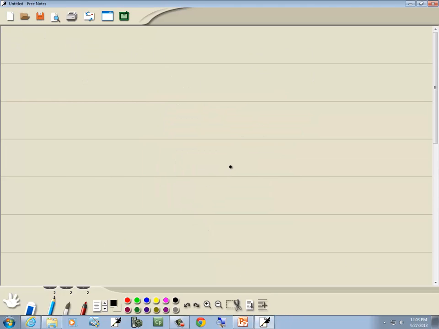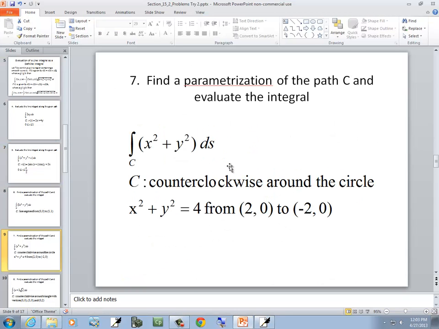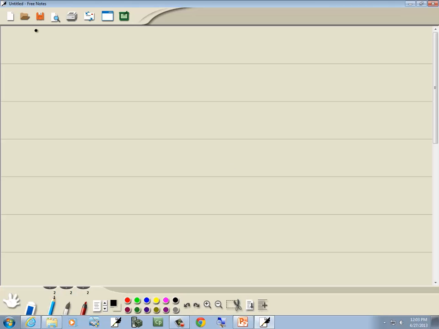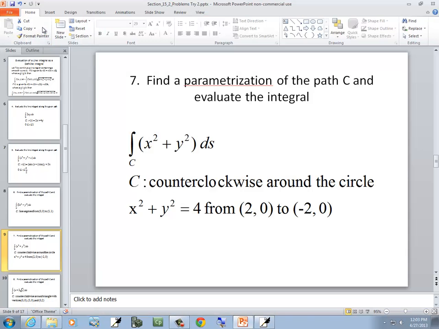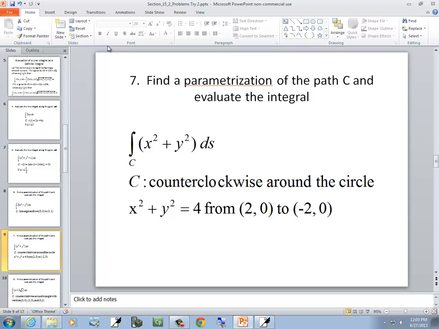Okay, so let's look at our next one. Another one where we have to find a parameterization. Okay, so we got x squared plus y squared ds, and it's counterclockwise around a circle.